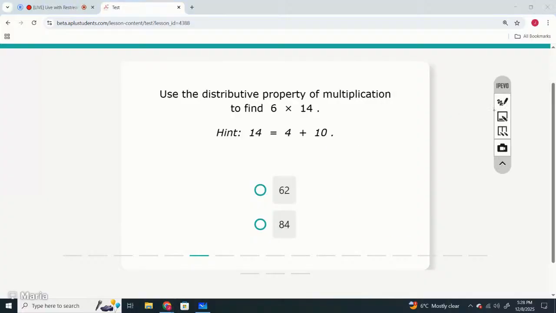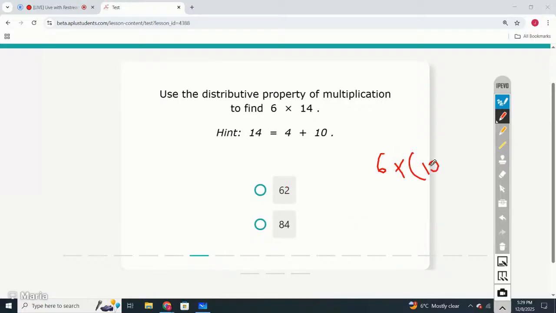6 times 14. So we need to write 14 as 10 plus 4. So we have to do 6 times 10 and 6 times 4. 6 times 10 is 60 and 6 times 4 is 24. 84 it is.